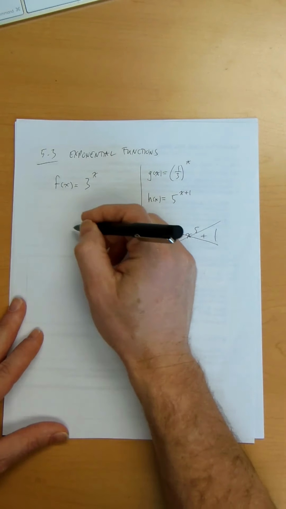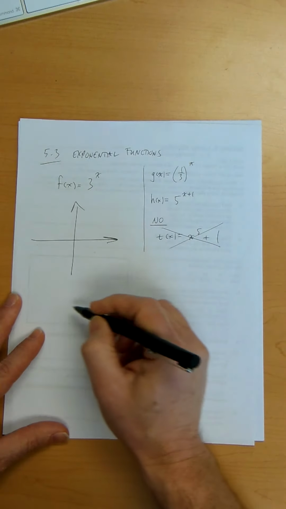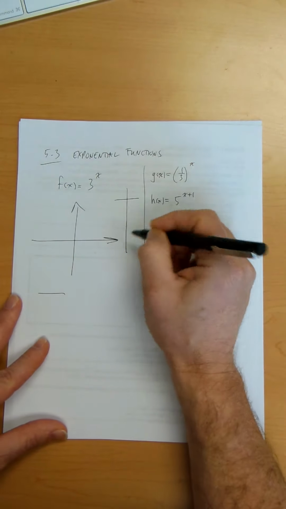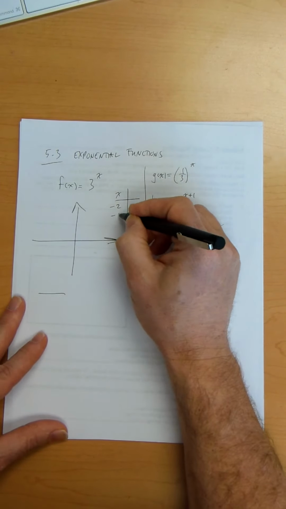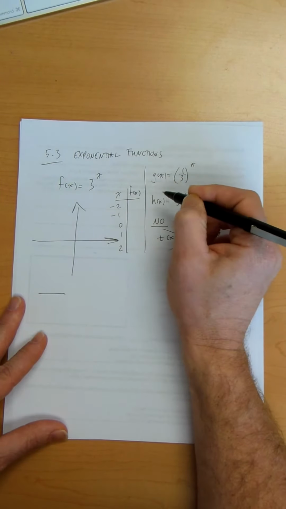What do the graphs look like? Well, f of x equals 3 to the x, if I point plot it, and I want to do this really, really quickly, so just consider what happens when you put in -2, -1, 0, 1, 2, and look at f of x.